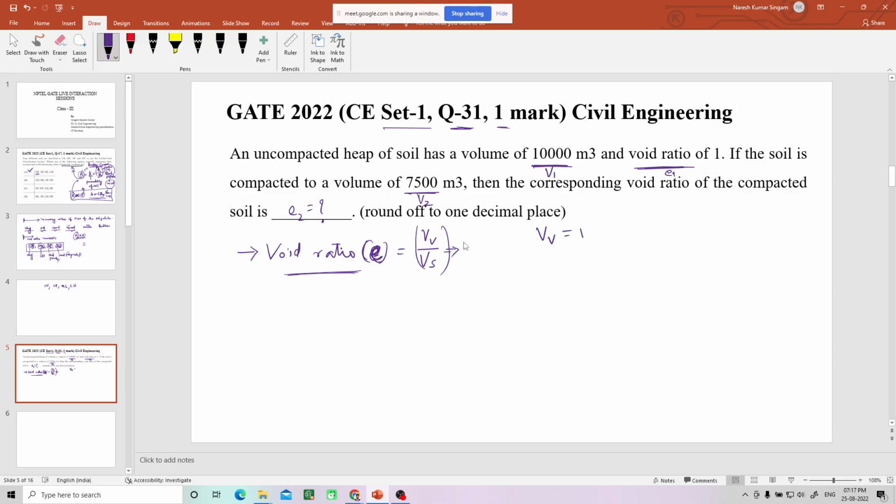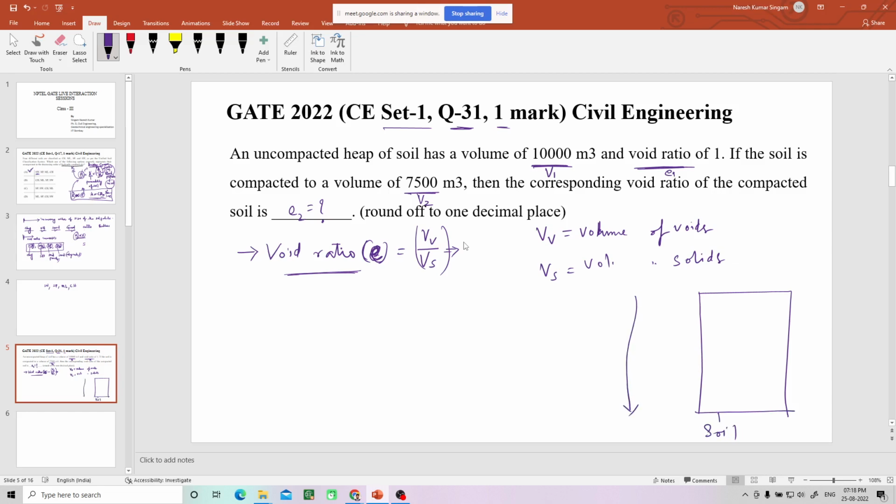See, Vv corresponds to volume of voids, and Vs corresponds to volume of solids. Coming to the three-phase diagram of the soil, let us say this is a soil box which has total soil. I'll represent the height with the volume. This is the total volume of the soil. This soil can contain solids.